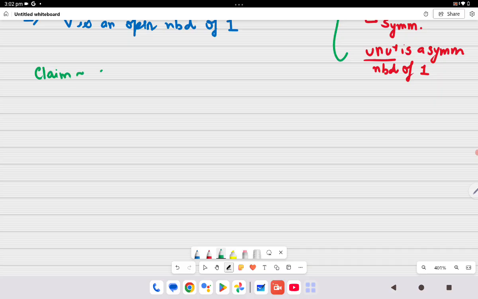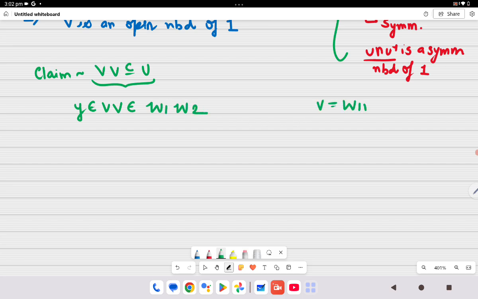Such that VV is contained in U. Why? Because if I pick any element which is in VV, then it actually belongs to W1 W2. Why? Because V is the intersection. If I pick an element in the first V, it will go to W1, and if the element is in the second V, it will go to W2. So the product will also be in W1 W2.